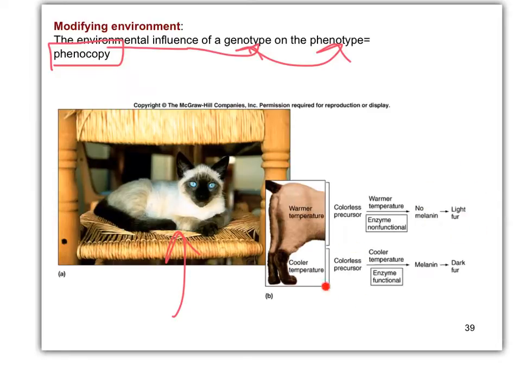In the same way, the colorless precursor, if the enzyme is functional at cooler temperatures, like in the feet, the tail, the ears, around the face, right, it modifies to a real melanin, which is a pigment that reflects dark, right, black light, essentially, almost reflects everything, and it results in dark fur.